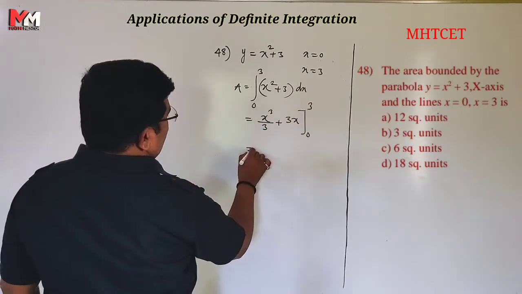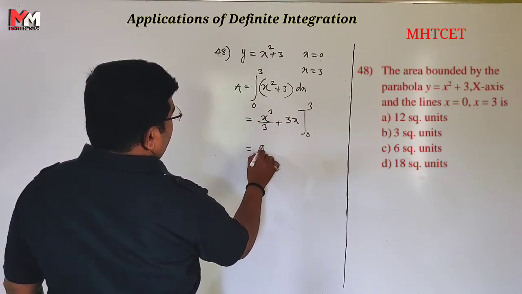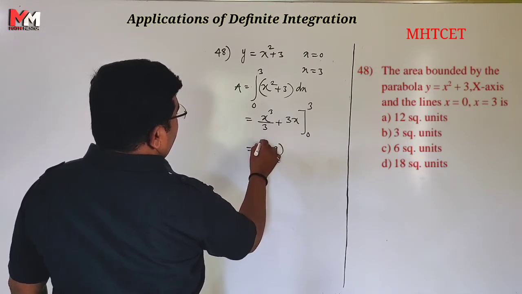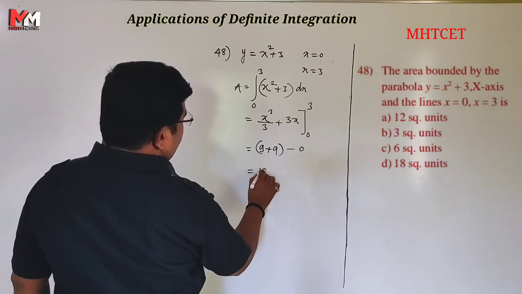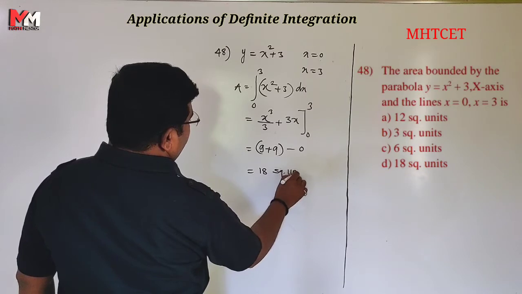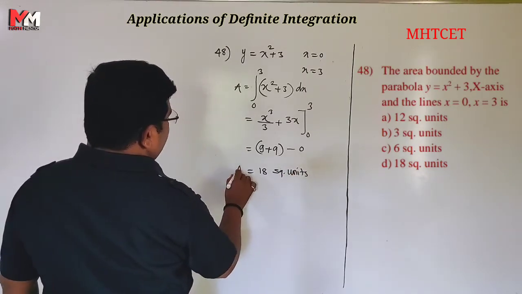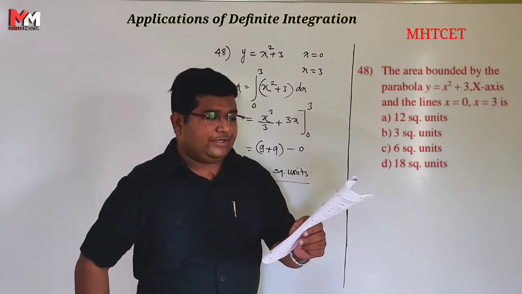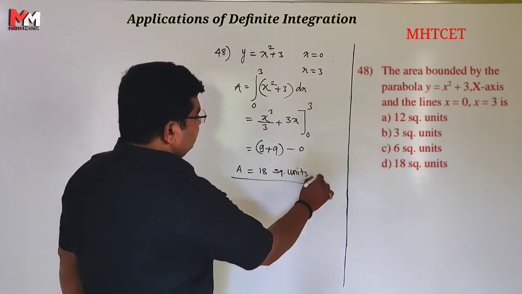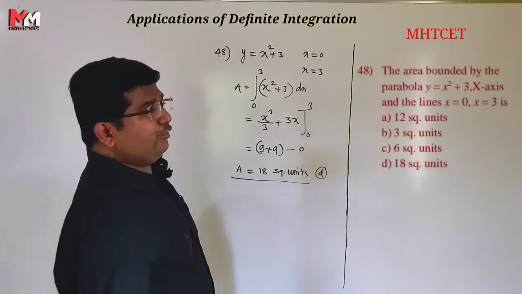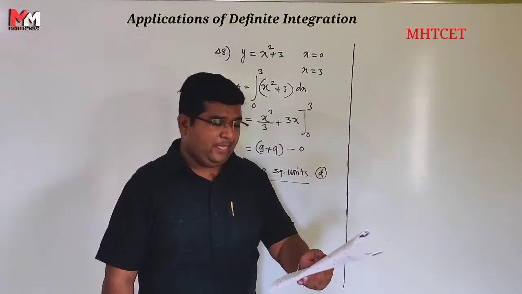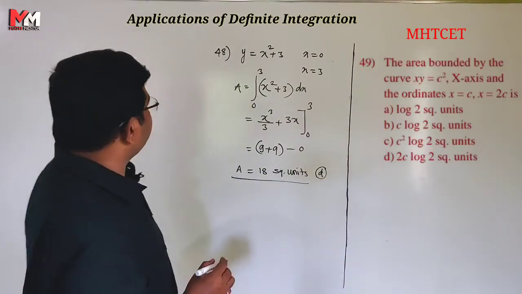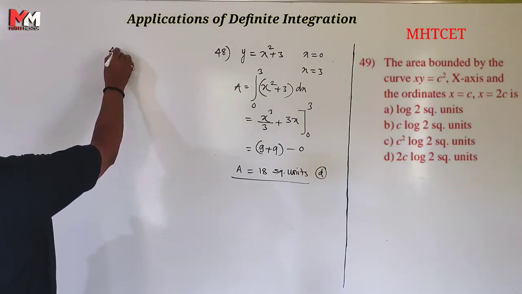Upper limit: 3 cubed is 27, by 3 is 9, plus 3 into 3, 9. Lower limit 0. The answer is 18 square units. This is the required area of this parabola and these lines. So 18 square units, that option is D. The answer of 48 is D.